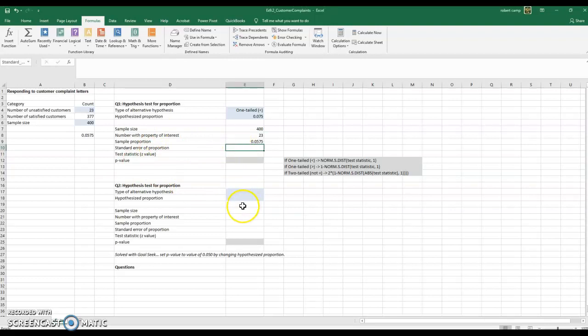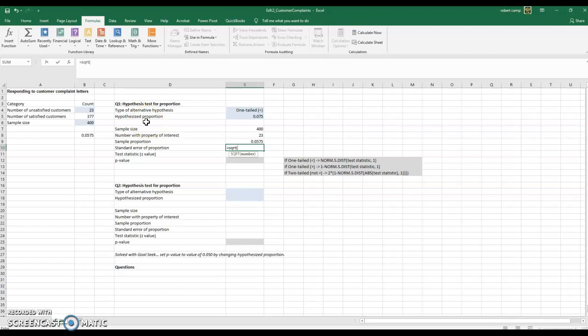So let's find the standard error of our proportion. So how do we do that? We're going to go to our square root, and now we've got a fraction here, so we're going to have the square root of our hypothesized proportion. And our hypothesized proportion is what we're testing against.